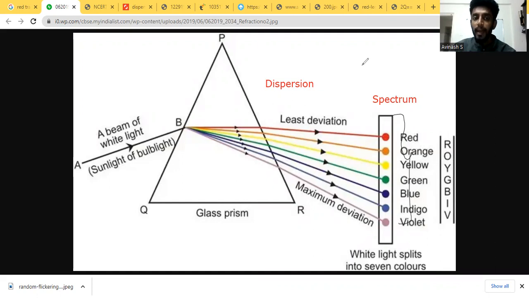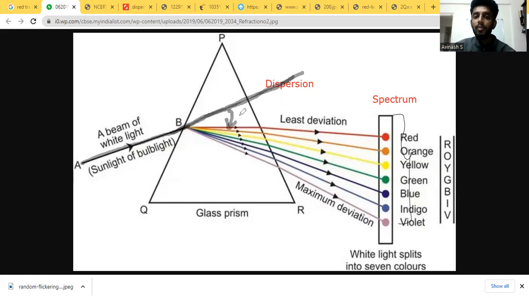Now, if you observe the pattern in which they are split, we can see the red color has undergone the least deviation. So it has almost gone in a straight line. If you continue drawing this incident light, it will go like this. The beam of white light, if it continues without the prism, will go straight.